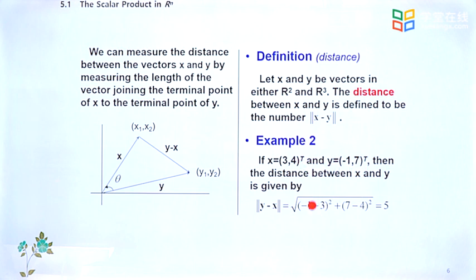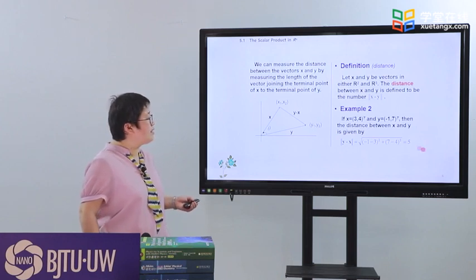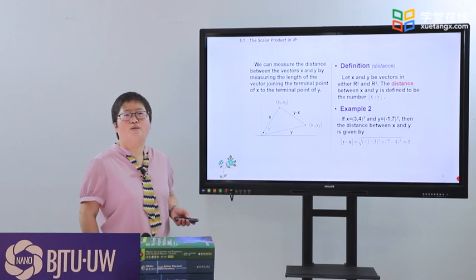Then you calculate its Euclidean length, which equals the square root of minus 4 squared plus 3 squared, which equals 5. So this is the distance between x and y.